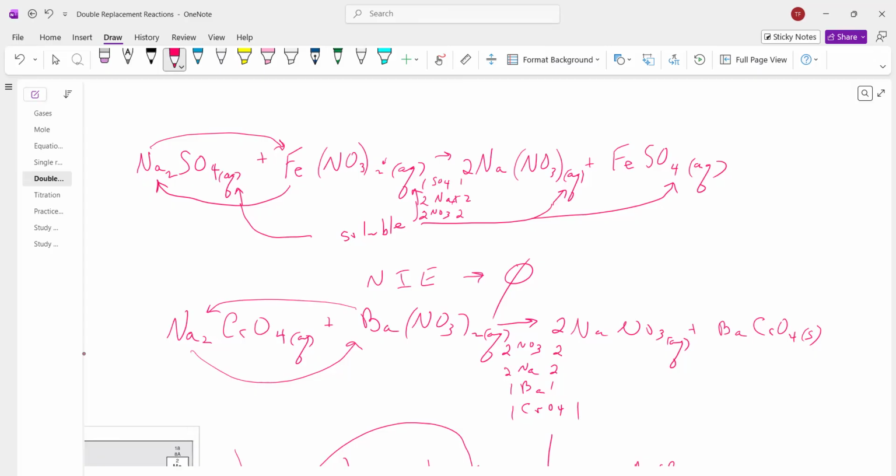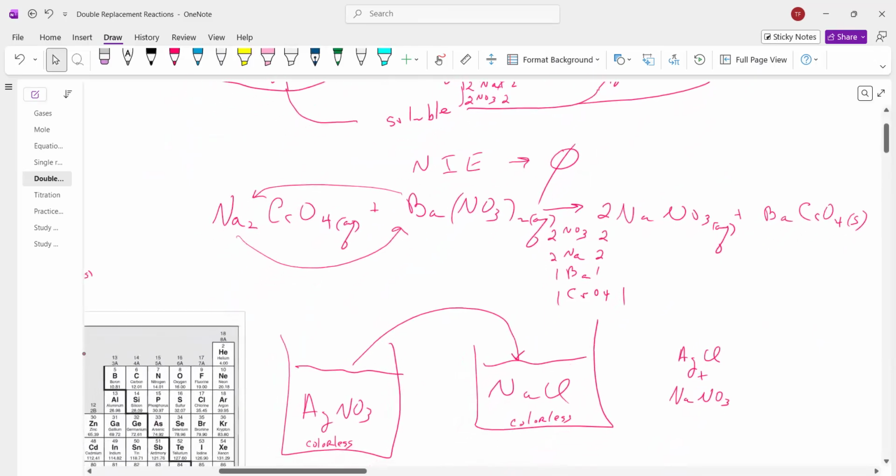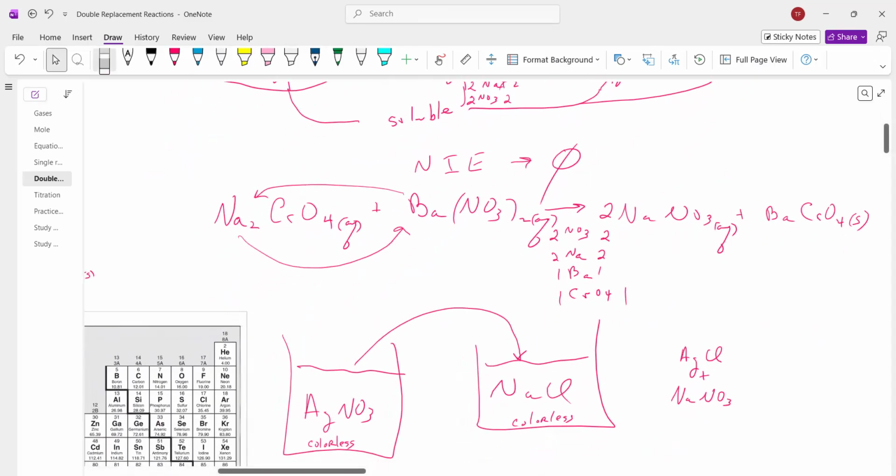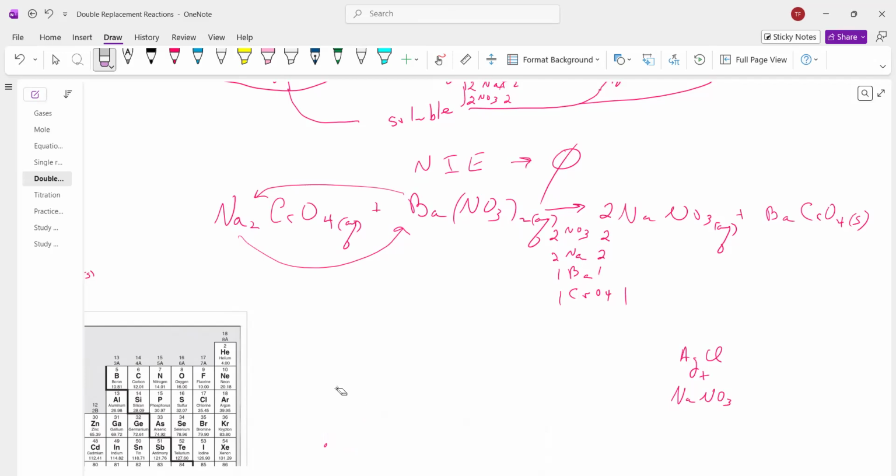All right, so is there a net ionic equation? Did a solid form? Then there's a net ionic equation. So let me clean this up. The solid, barium chromate. How did we make that?